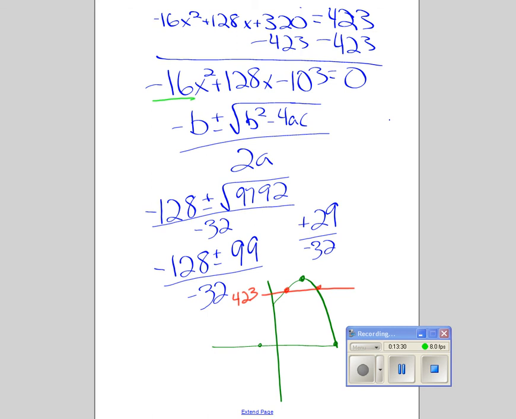So this would actually be positive, about 0.9. So right here, at 0.9 seconds, is when it goes beyond 423 feet. So our other answer, when we subtract, is going to be the second point over here. Negative 128 minus 99 is negative 227.